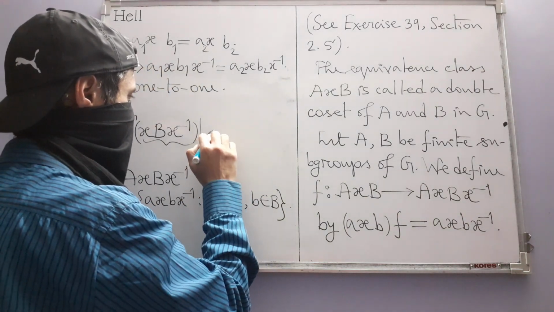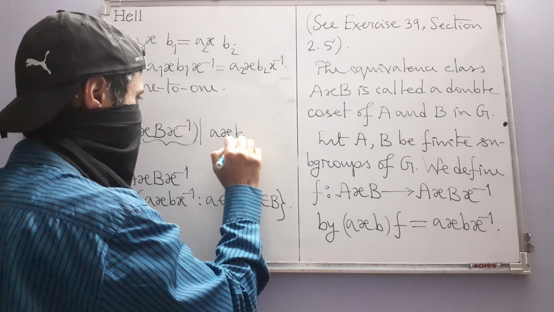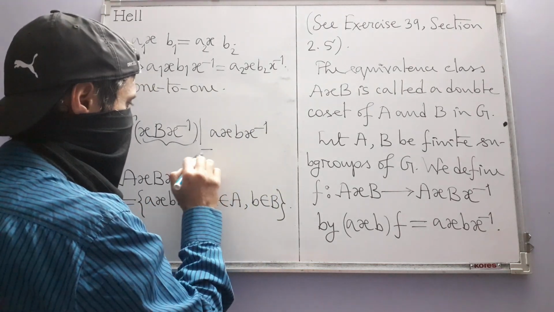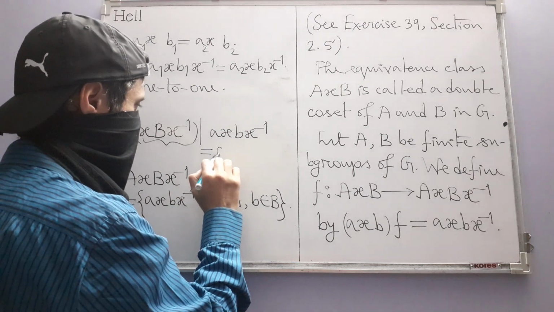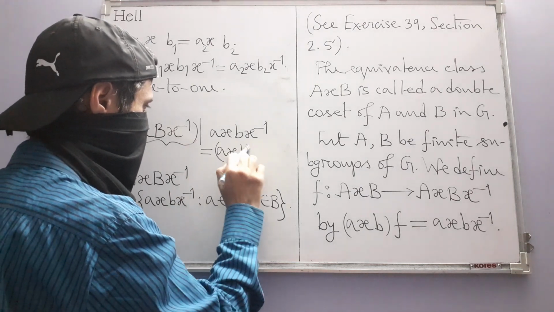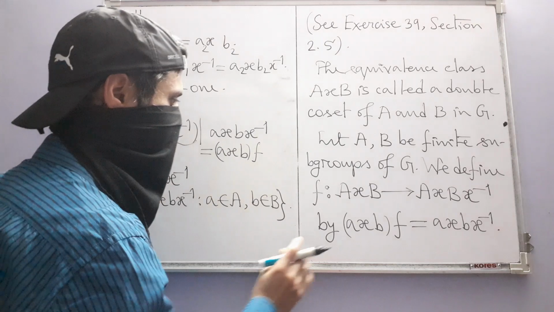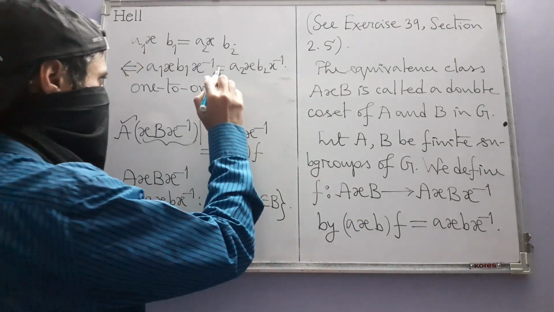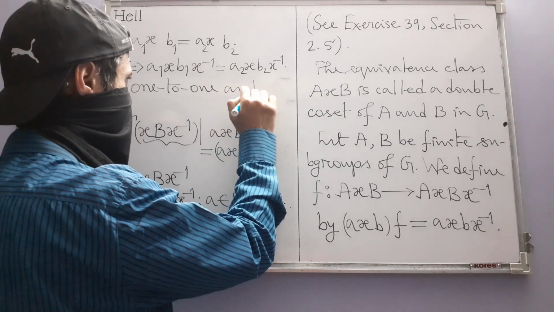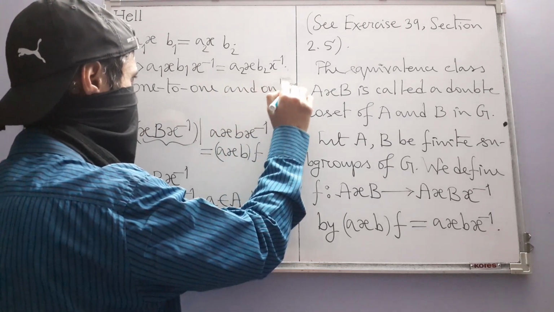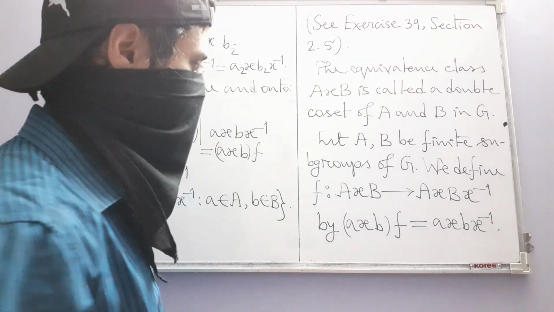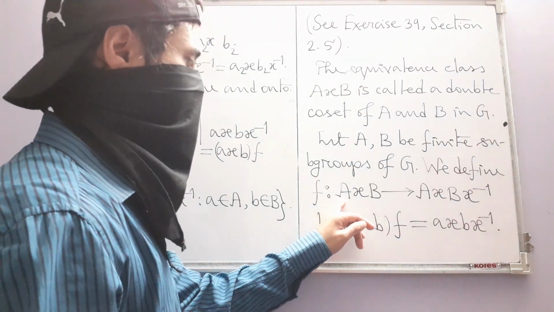So you choose any element ax bx inverse. That of course is the f image of axb, where this axb belongs to the domain. So that is why the function is one-to-one and onto. It's a bijection.